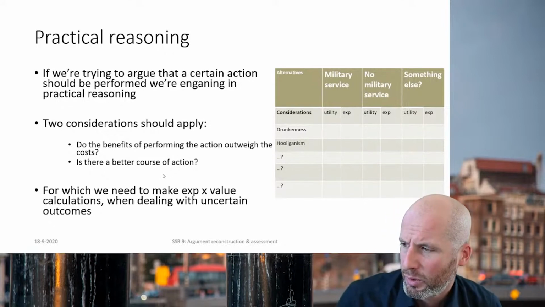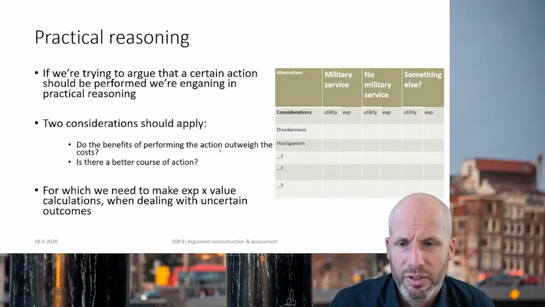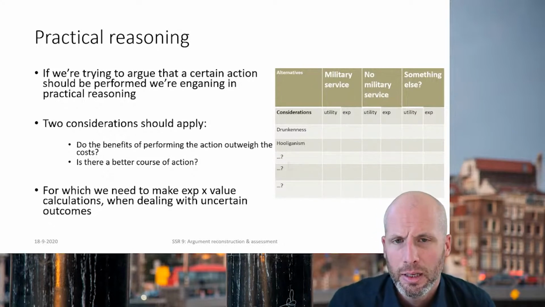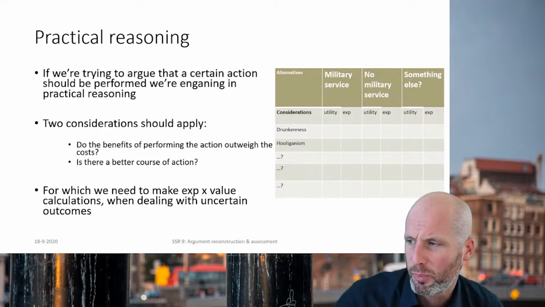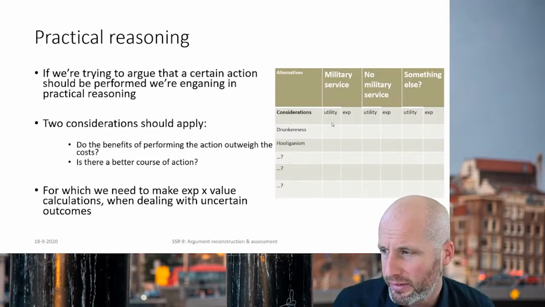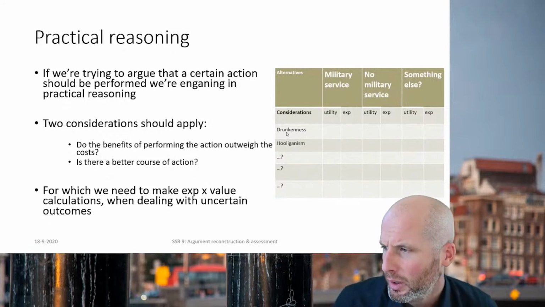And if we're talking about courses of action that involve uncertainty, which is most of the stuff that you might encounter, then you should make a proper expectancy value calculation, right? Or utility expectancy calculation, as we talked about a couple of weeks ago.